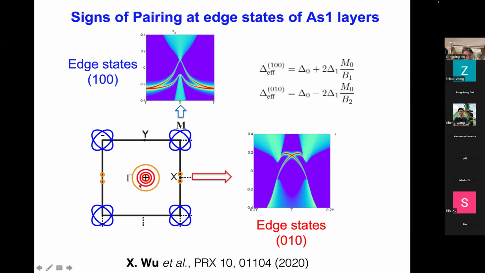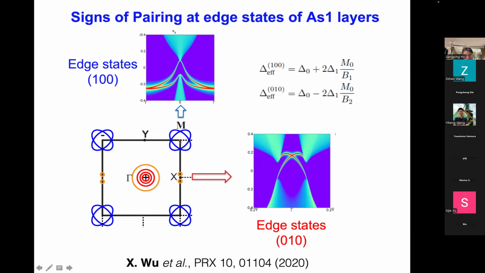So if you have this S plus minus superconducting state, since momentum is conserved and one direction still has translation symmetry, at the X point it will take the corner. The proximity effect from superconductivity will come from the electron pocket, and at the gamma point, the proximity effect will come from the center.